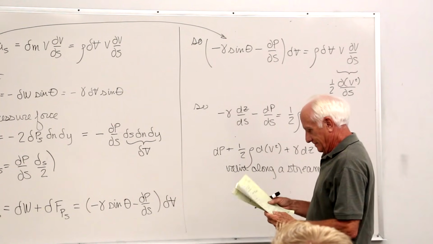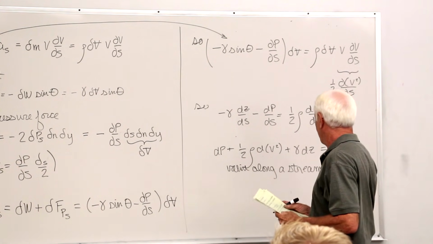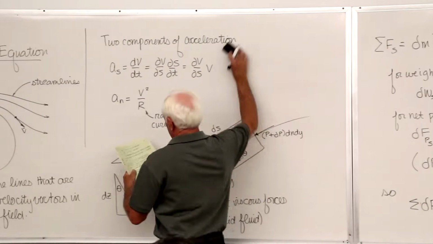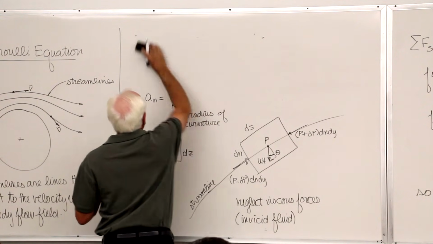Now, obviously, we know dp, d(V squared), and dz. The next step is to integrate. So we're going to integrate.